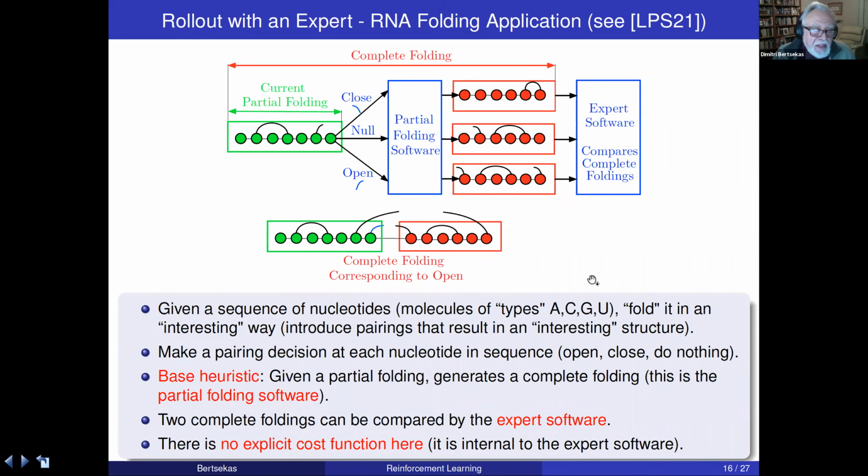Since I'm not a biologist, particularly, and this is not a biology class, I'm not going to go into more details, but you can look at this paper here, and those of you that are interested in computational biology may have other applications of similar type.